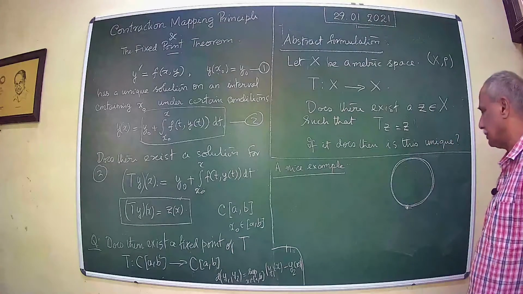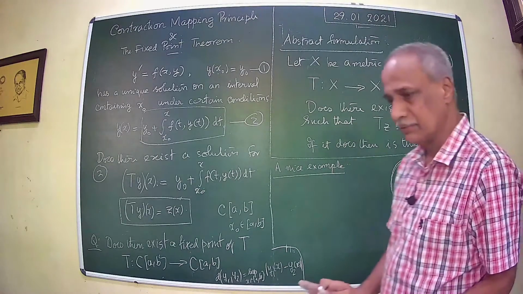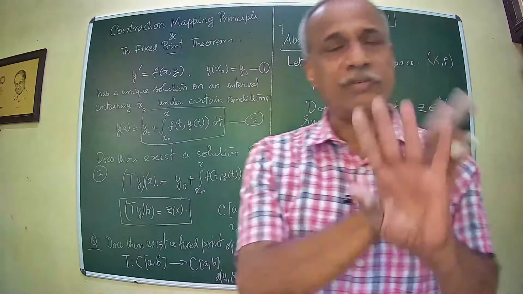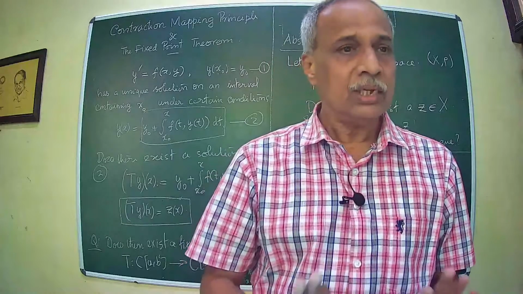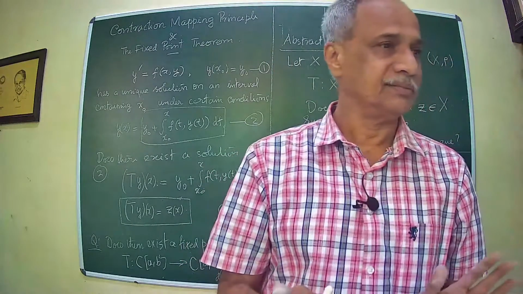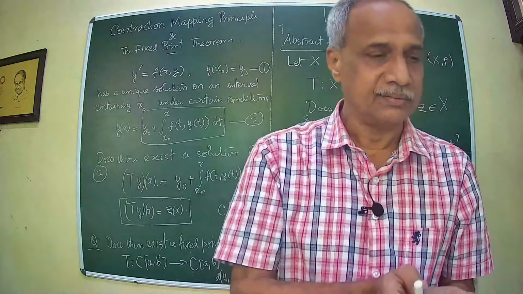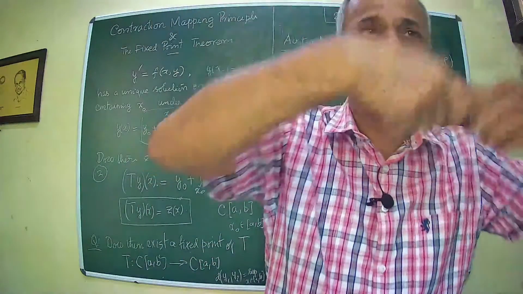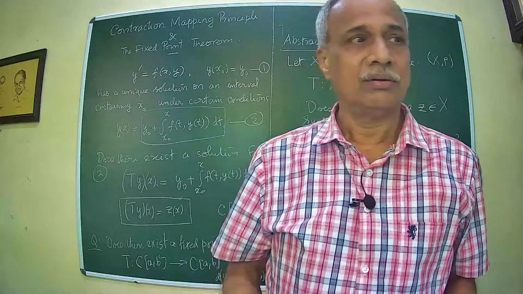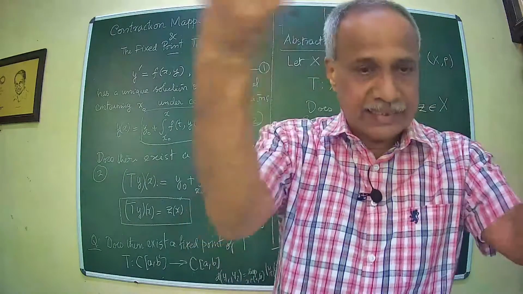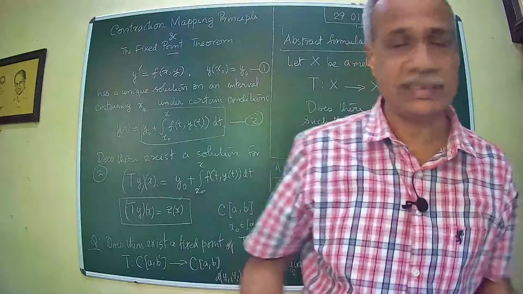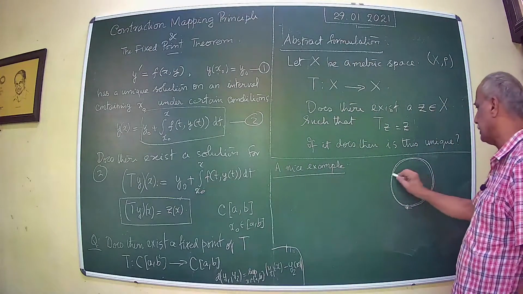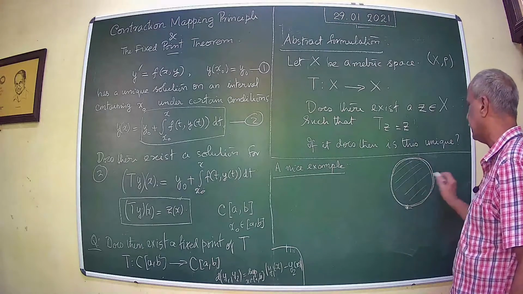Now what I am going to do is take this frame, and on this frame you take a rubber sheet and clamp it. You stretch the rubber sheet in all directions and then clamp it. What you have is the rubber sheet fills this region.